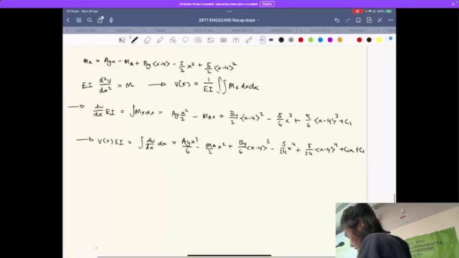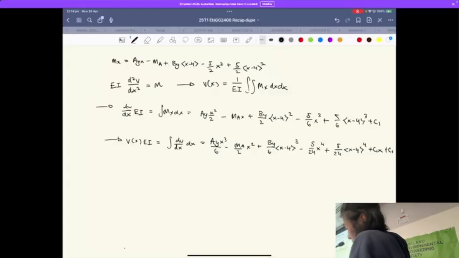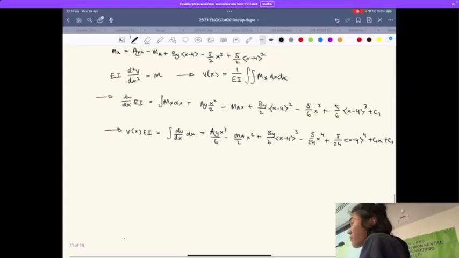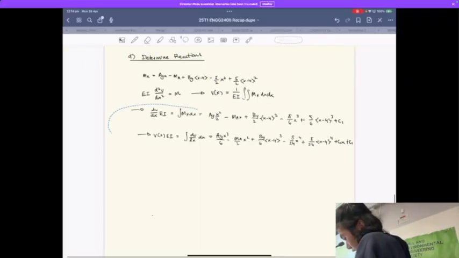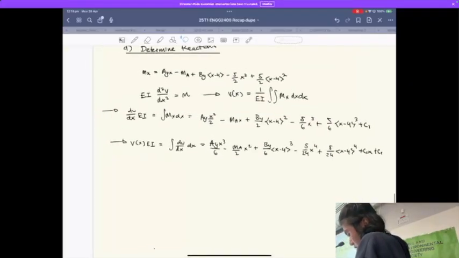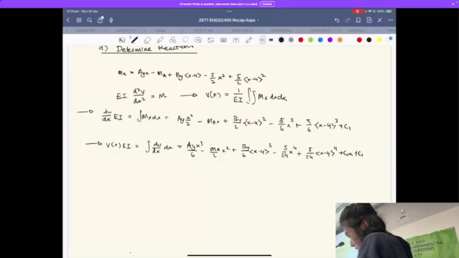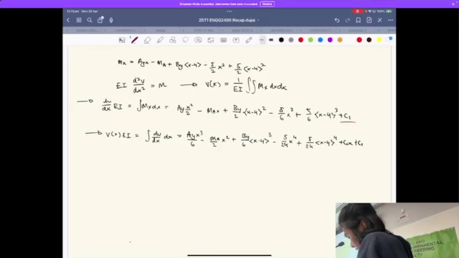And you should get something that looks kind of like that. Let's move this to the side so it's easy to see. And you'll notice that we have these two constants. And these are solved by the boundary conditions that we solved earlier.